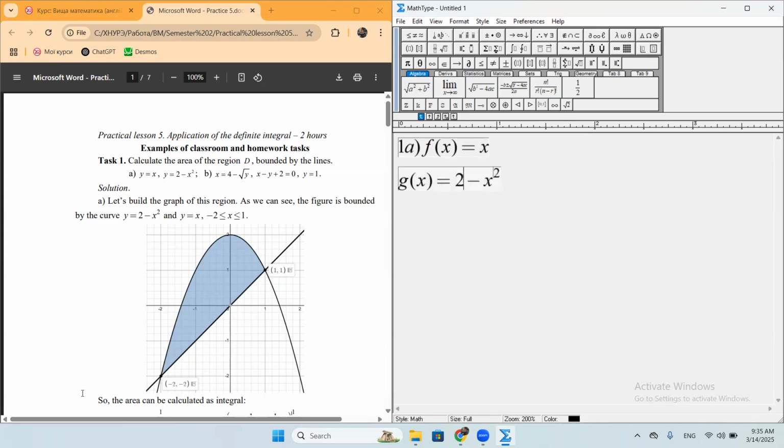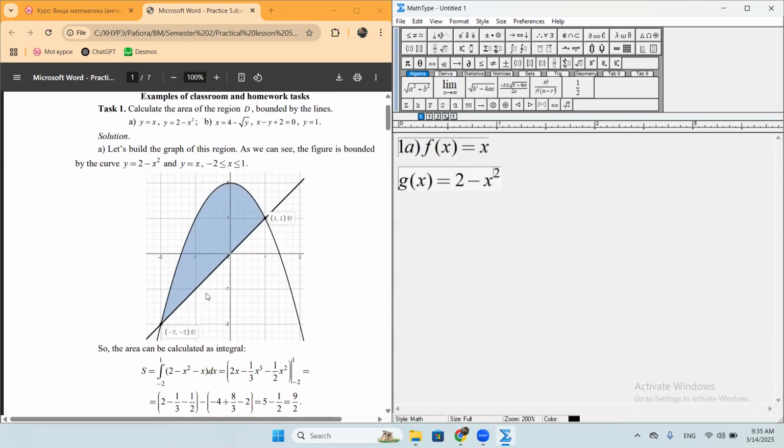First of all, you need to plot a graph of these curves that bound the region, and then you will understand how this region looks like. So here is a parabola intersecting the straight line, and we need to calculate the area of this segment.